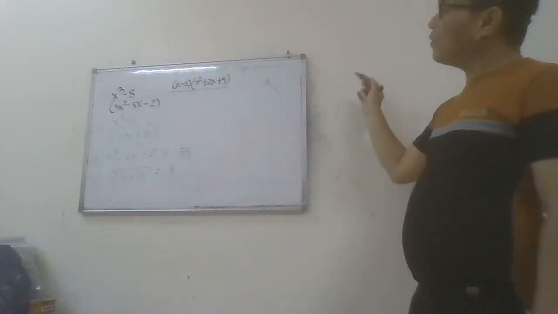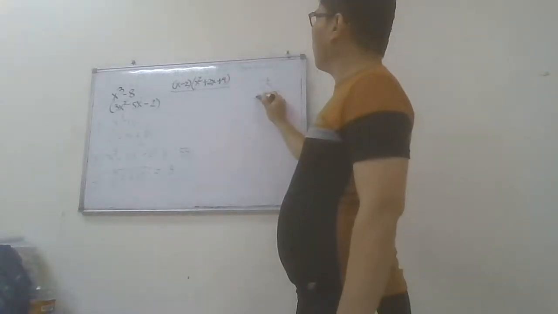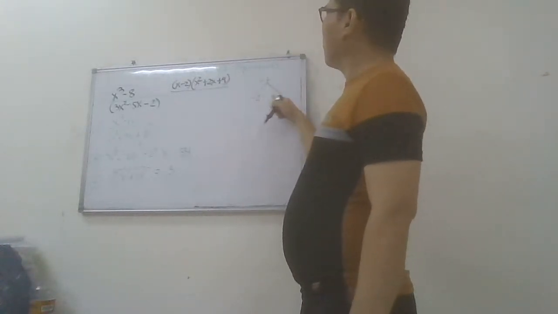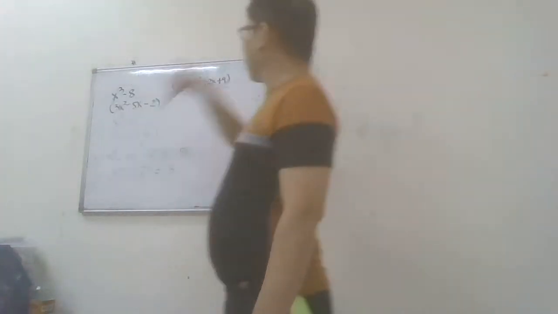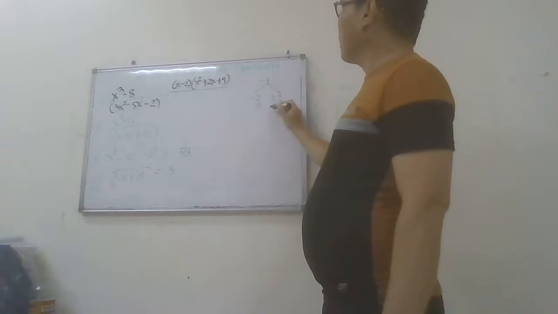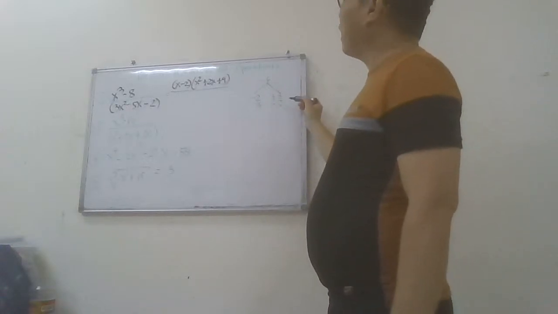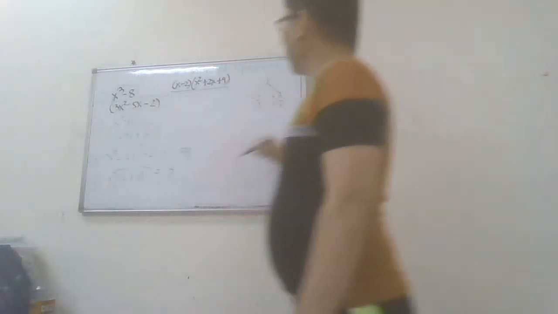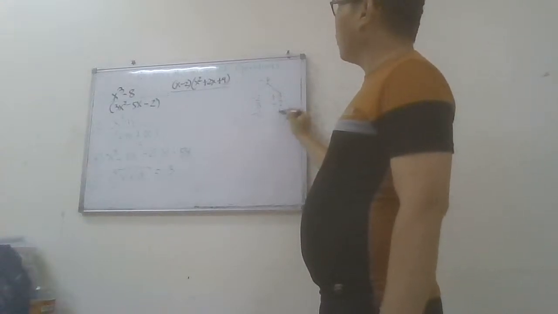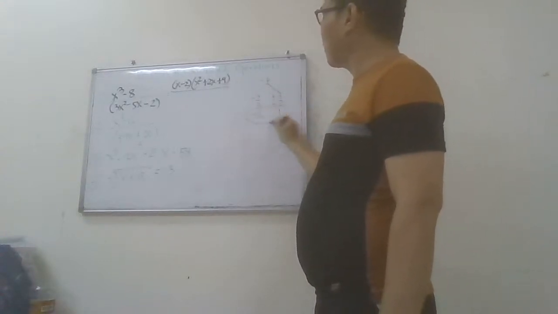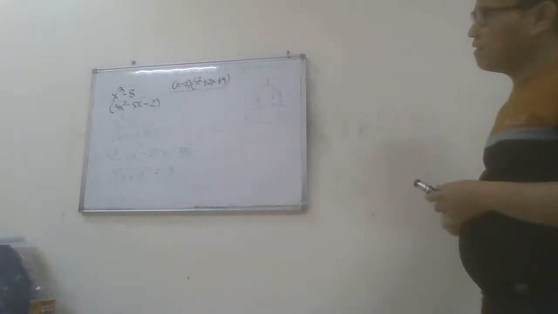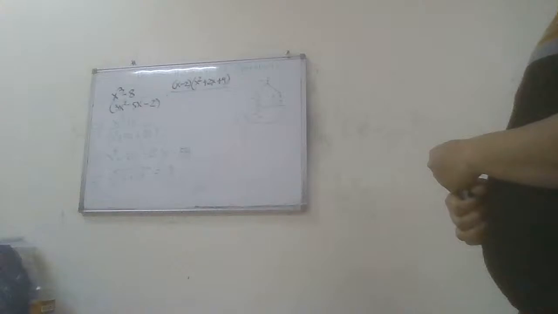Negative 2 and 3 add to positive 1, so not possible. So negative 6 and 1: negative 6 plus 1 is negative 5. So we're going to use this one. Negative 6 plus 1. Okay, right? Yes.